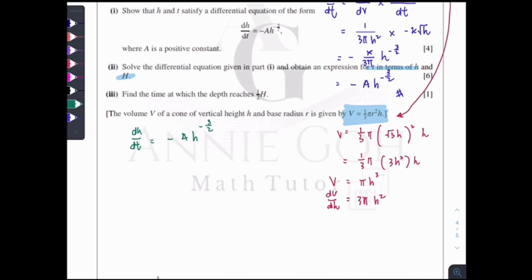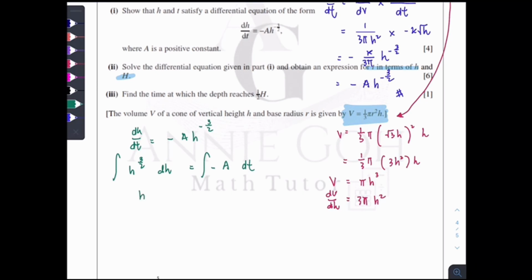Before we can start integrating it and solve the differential equation, we have to rearrange the variables, separate the variables so that the h is with the dh and t with the dt. So the h I'll move over here, dh, and the constant negative a, I will let it be wherever it is, and the dt I'll move over here. And hence now we can integrate both sides.